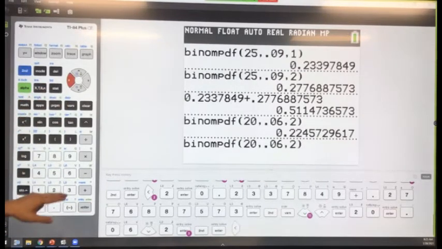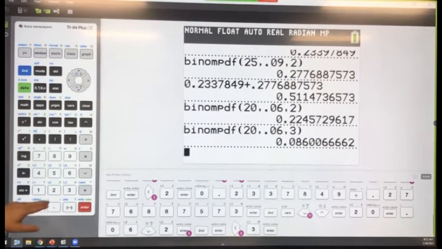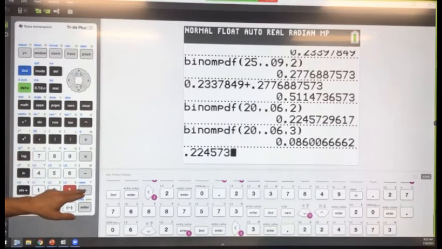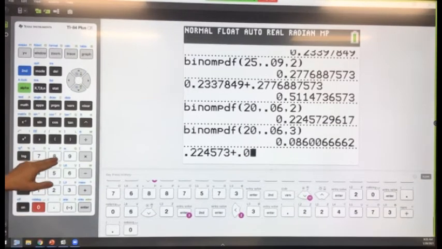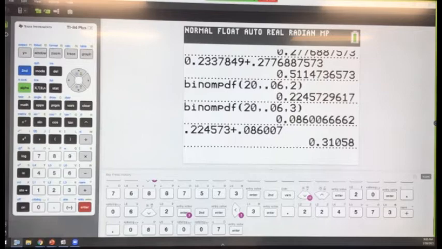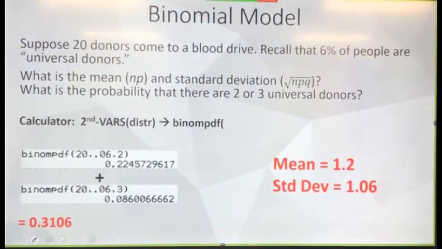Or 3. And I want to add these together. Did you get roughly 31%? All right. So here we go. Check your work. Looks like we got those answers.